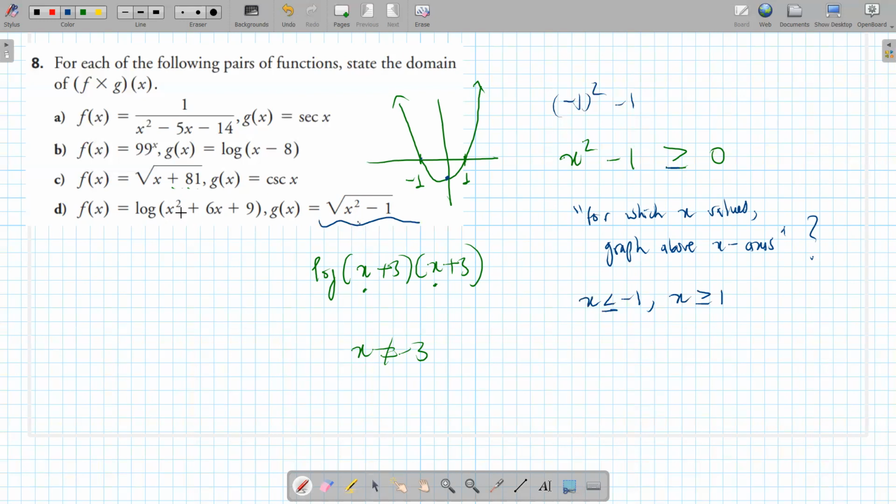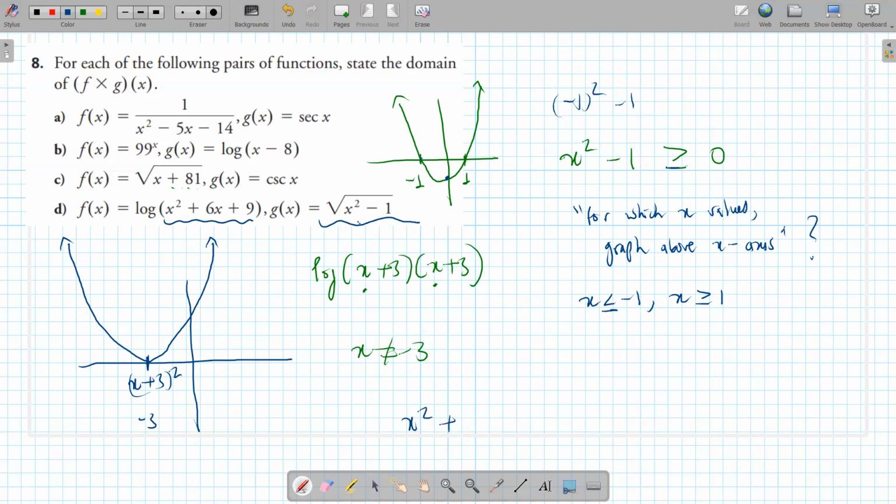We're going to do the same thing with this guy. X plus 3 whole squared looks like this. It's moved 3 units to the left at -3, okay? We know this thing inside of a log function has to be strictly greater than 0.